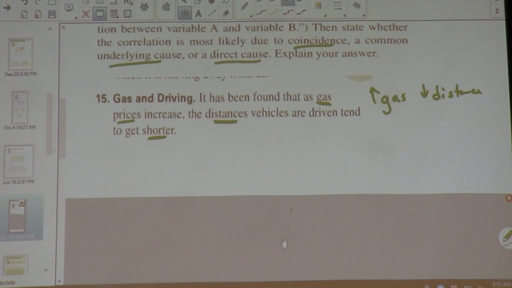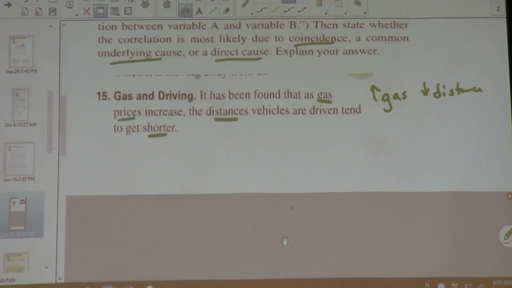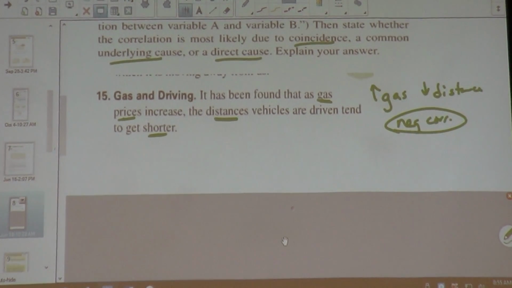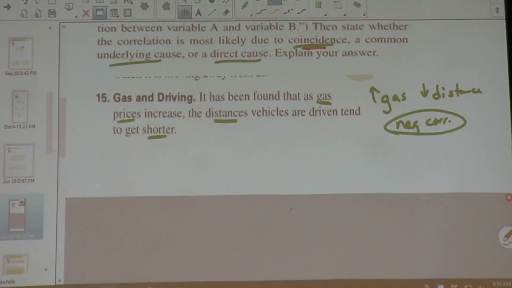When they jack the prices up, we're not going to go to the beach for the day. We're going to stay home because it costs too much. So because those are going in different orders, it's going to be a negative correlation. That's the first part of the answer. The second part of the answer was, was this a coincidence that we stayed home? No. Was there an underlying cause? No. That was a direct relation.